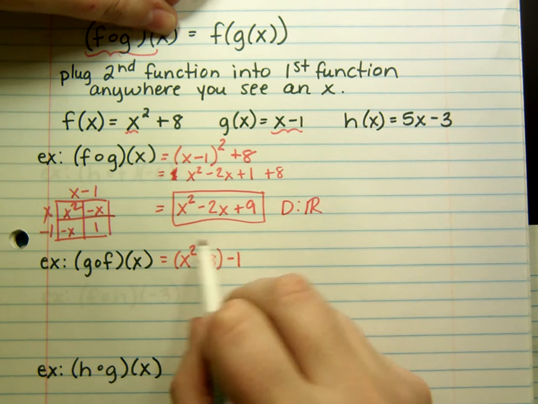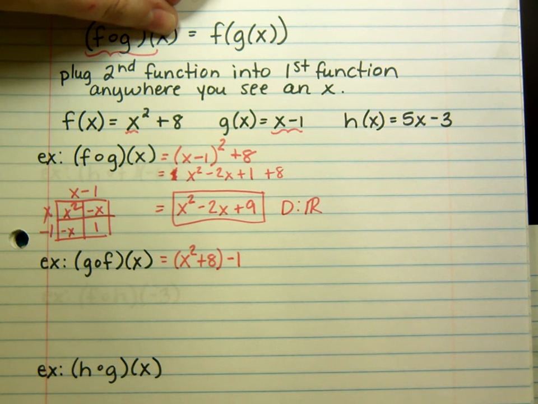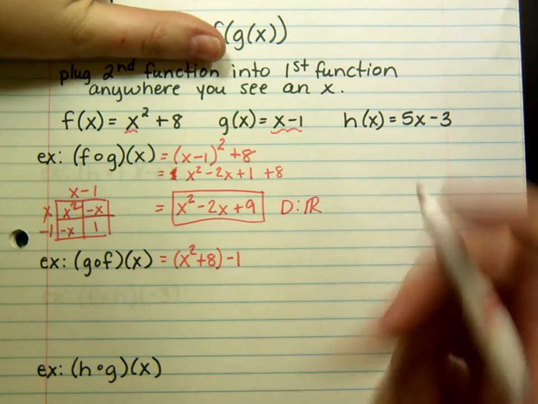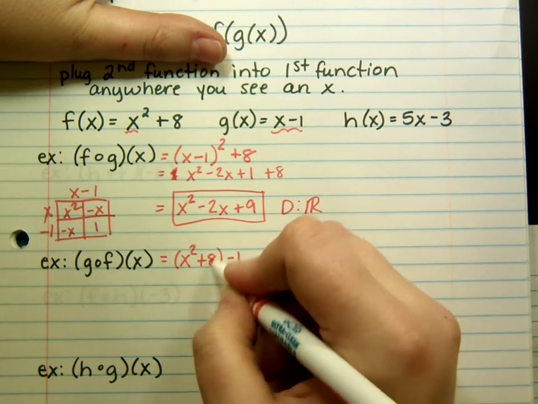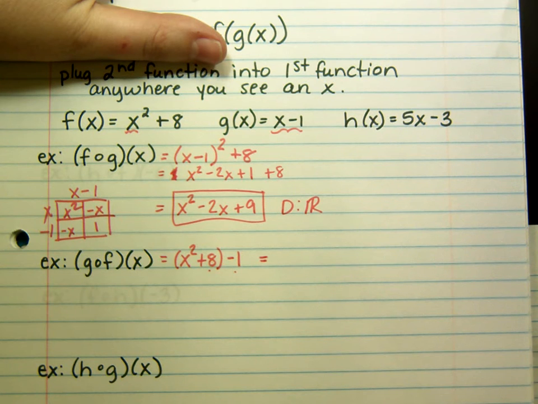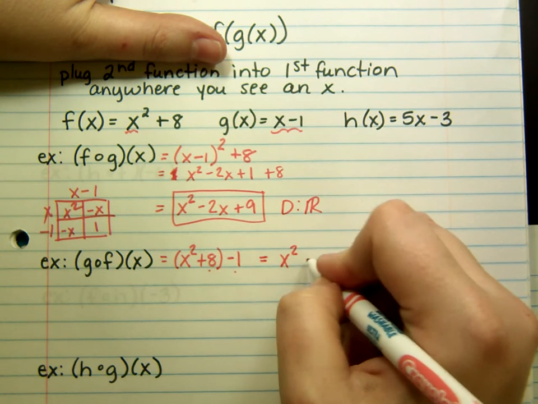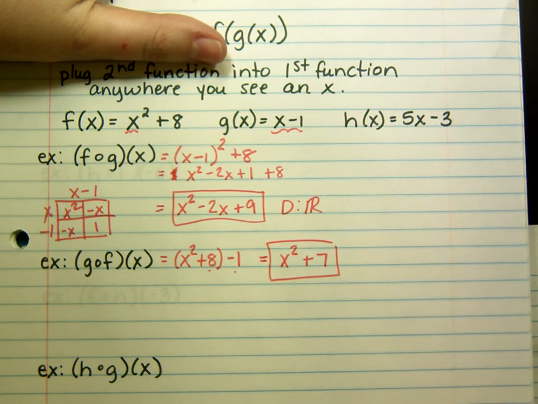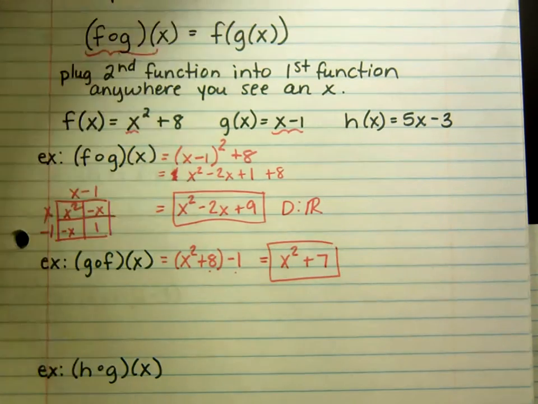Well, there's nothing else I'm going to be doing to this expression. It's not squared. There's no number on the outside to distribute. So really all I'm going to do is combine those like terms. So I get x squared plus 7. And same as the previous one, domain would be all real numbers. No restrictions in your domain.